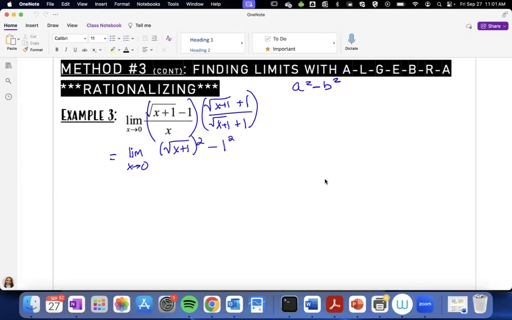Remember, a minus b times a plus b is a squared minus b squared. All over, now we're just going to write this big old denominator, root x plus 1 plus 1. So those cancel, and you're left with the limit as x approaches 0 of x plus 1 minus 1 all over this garbage.